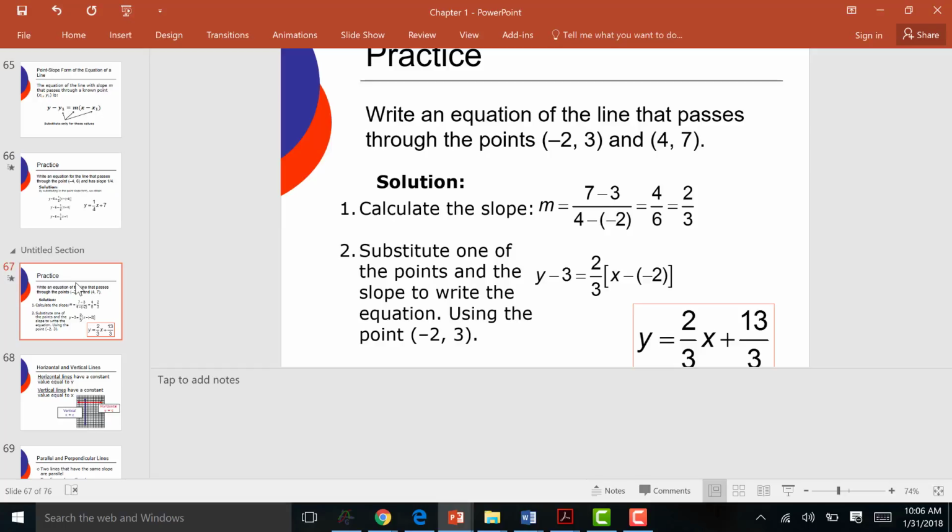This is type 1 of the homework question you might have. They're going to give you a point and a slope. Type 2, they gave you 2 what? Look at what you got. 2 points. So that's type 2. So type 2, you're going to be given 2 points.